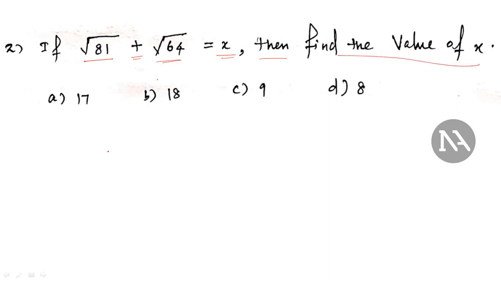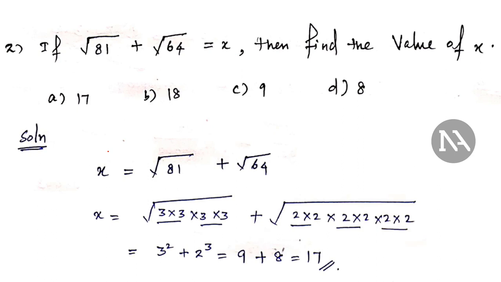Here I am going to use the prime factorization method, right? Here root 81 can be written using the prime factorization method. 81 can be divided by 3.